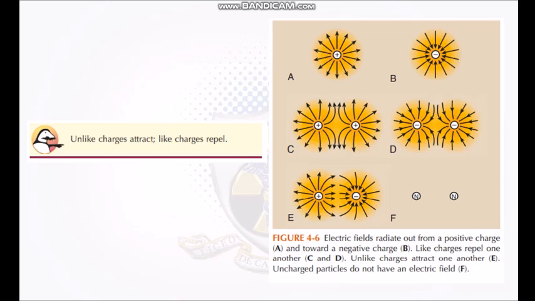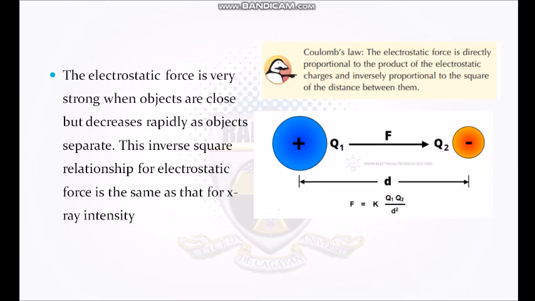And when you try to bring the south pole towards the north pole, there is an attraction, because they are unlike poles. Basically, Coulomb's law says that when two objects are close to each other, the force of attraction increases, and when you increase the distance between the two objects, the force of attraction between them greatly decreases.